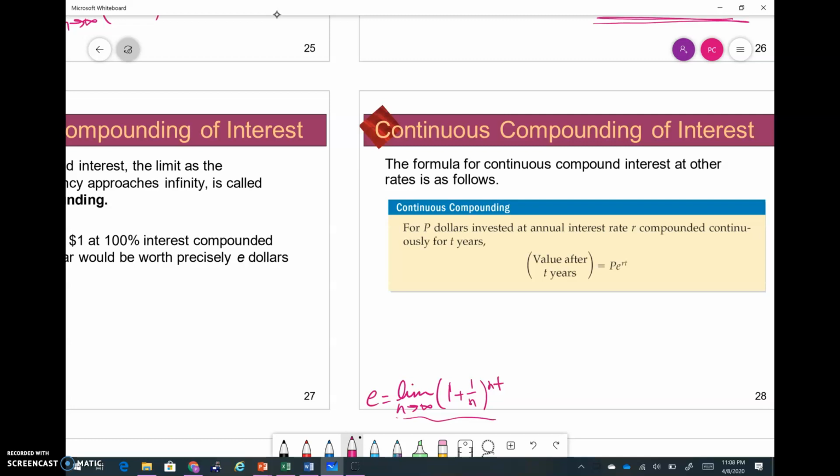And what we end up with is, for continuous compounding, that value after so many years is P e to the RT. Where P is still that original amount that you invested. Your R is still your rate. Make sure you're changing that to a decimal. And T is however many years we're dealing with.